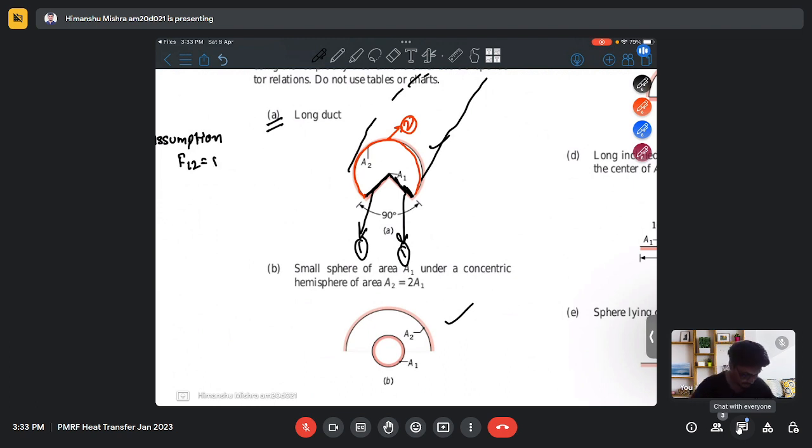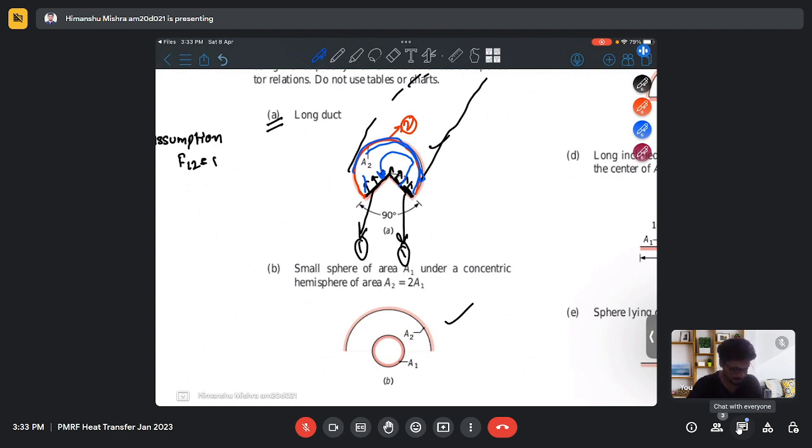That means whatever radiation is emitted from surface 1 will completely fall on surface 2. There is no reversing of the radiation. It is not like the radiation emitted from surface 1 falls back on surface 1. That is not possible here from inspection, which means all the radiation is falling on surface 2.